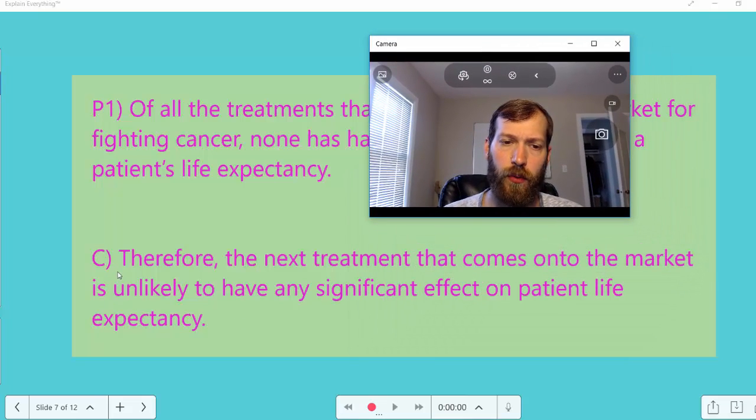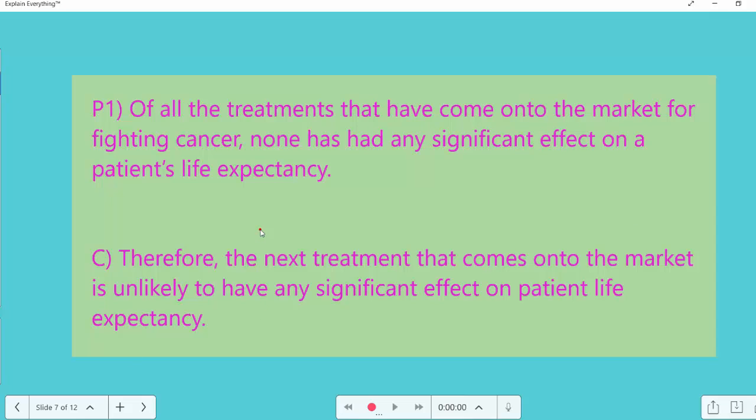So as a result, or in conclusion, the next treatment that comes onto the market is unlikely to have any significant effect on a patient's life expectancy. So again, pause the video and take a little bit of time to determine whether you think this is a strong argument or whether you think it is a weak argument.